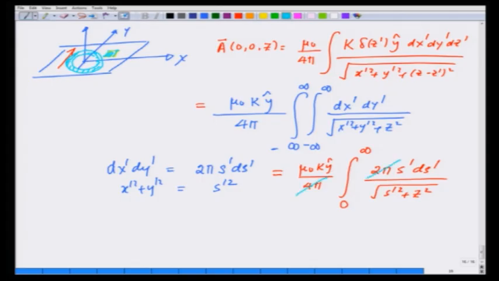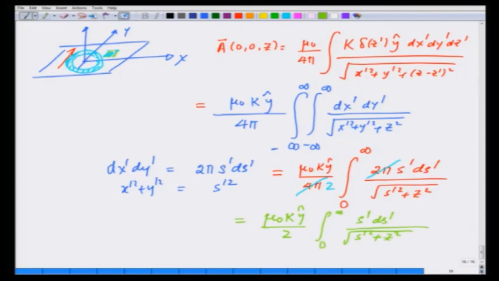This 2 pi cancels with this, I get 2, and therefore, the expression becomes mu naught k y over 2 integral 0 to infinity s prime ds prime over the square root of s prime square plus z square. And this is very easy to calculate.